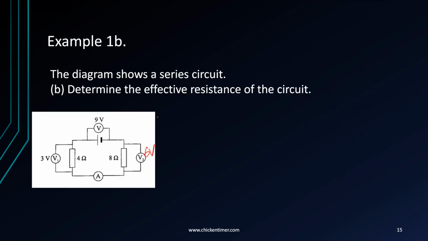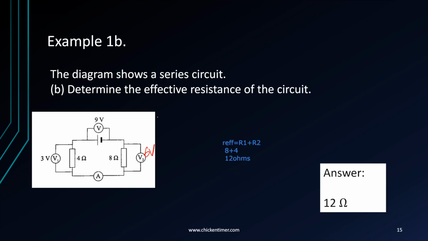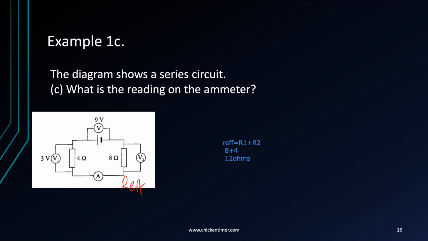This is very easy. Series circuit, R1 plus R2. R effective equals 12 ohms. This is 6 volts. And what is the reading on the ammeter? Also very easy. I equals V over R, so 0.5 units.